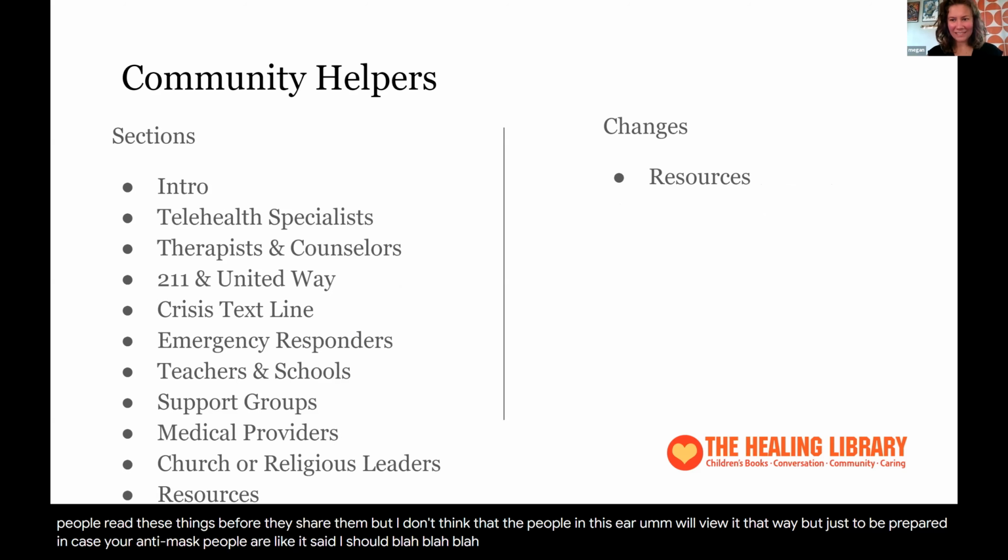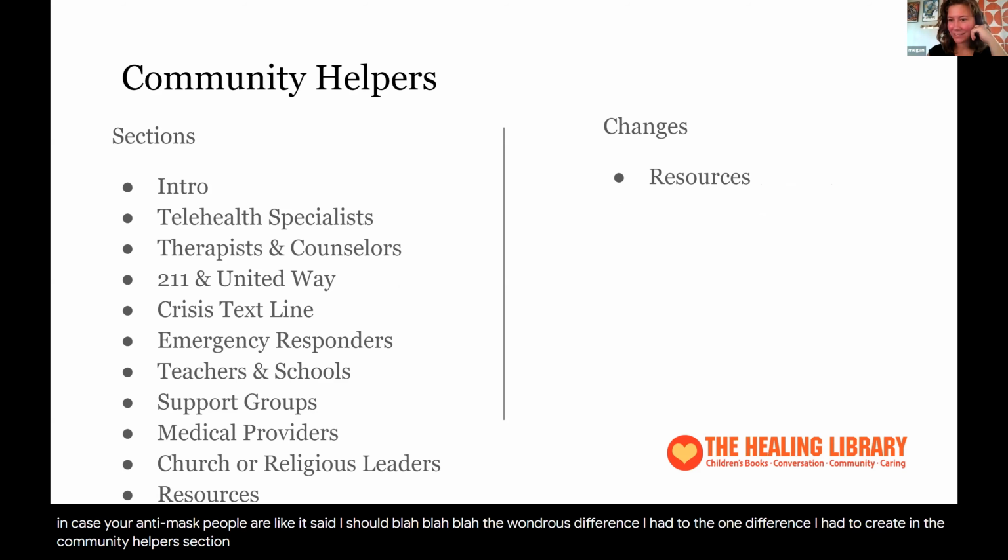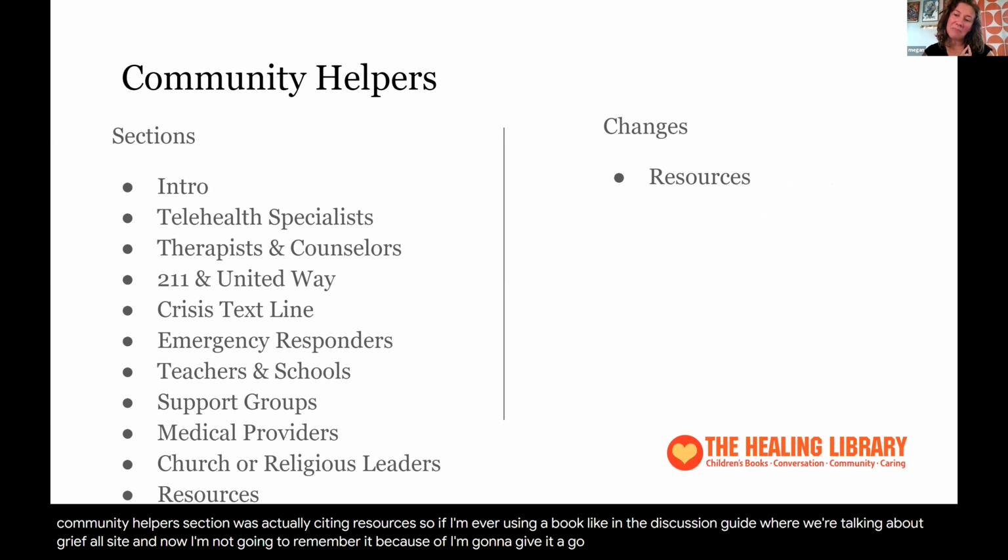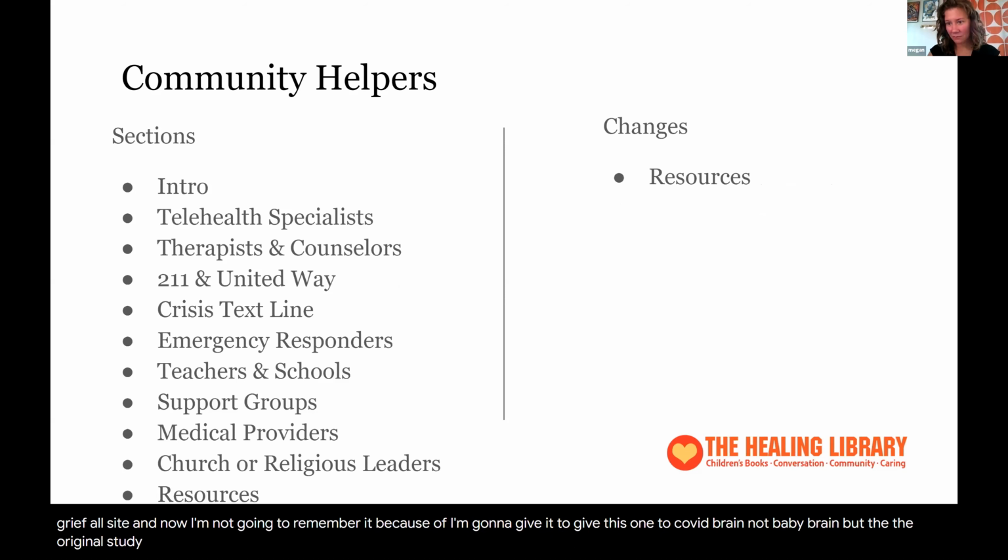The one difference I had to create in the community helpers section was actually citing resources. If I'm using a book, like in the discussion guide where we're talking about grief, I'll cite, and I'm not going to remember it because of COVID brain, the original study about the five stages of grief, so that if parents want to dig deeper, they can.